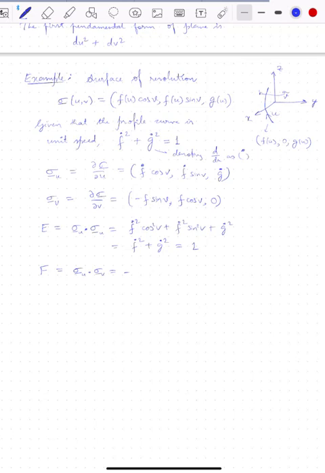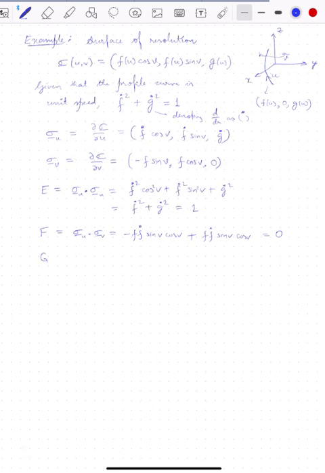So minus f into f dot sine v cosine v, right? Then we have plus f into f dot sine v cosine v. So they just cancel out identically. So we have 0. And how about G? So G is given as sigma v dot sigma v, and all that we have here is f squared sine squared v plus cosine squared v, and this gives us f squared.